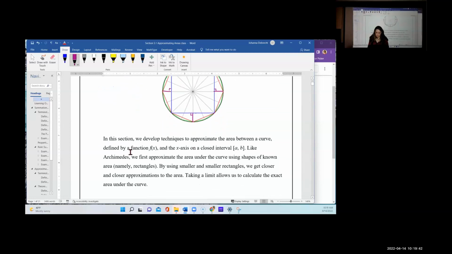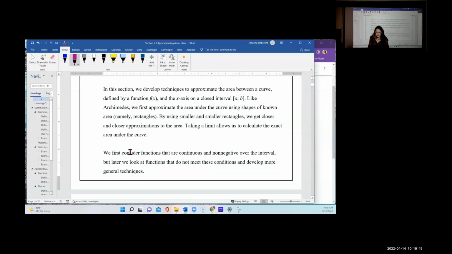Now, what we want to do is something similar to what they did there. We want to approximate the area under a curve, however, so over some closed interval.